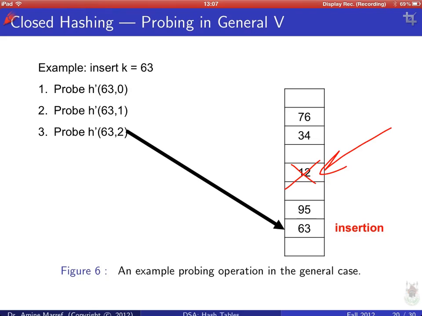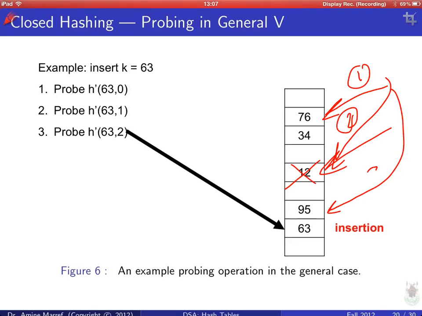In order to insert, I use the hash function. The hash function sends me to a slot. If the slot is occupied, I move to another slot according to the probing sequence. And as long as I see an occupied slot, I keep moving. I stop moving and do the insertion when I meet an empty slot or when I meet a ghost slot.